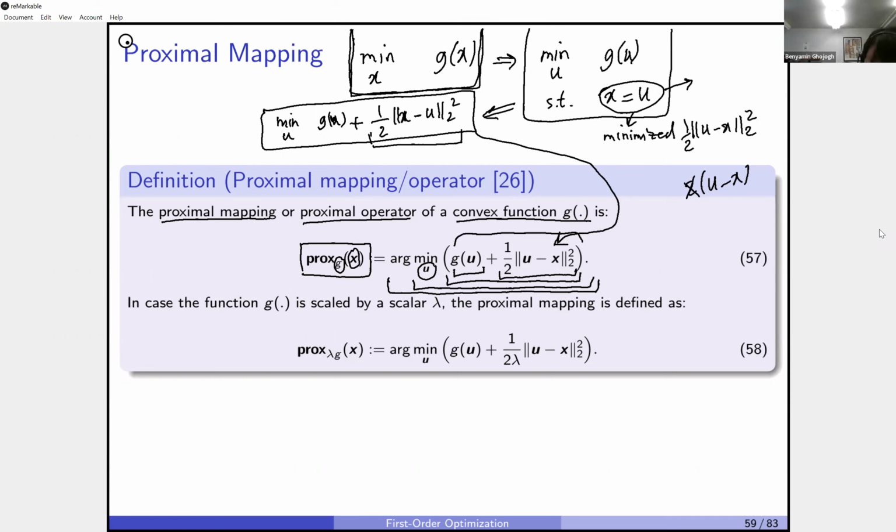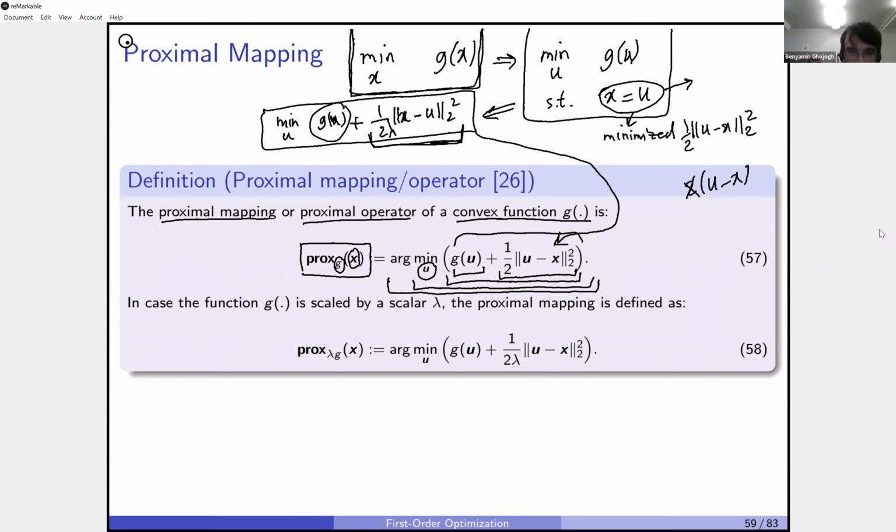So in case the function g is scaled, do you remember in the regularized term, which is a soft penalty, we can have a regularization parameter to weight between the actual cost function and the regularization term. We can put the parameter lambda in the numerator or in the denominator, it doesn't matter, as long as it's a parameter, that's enough.